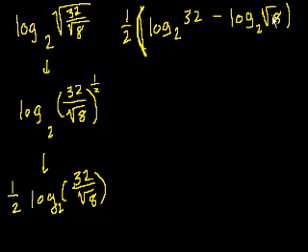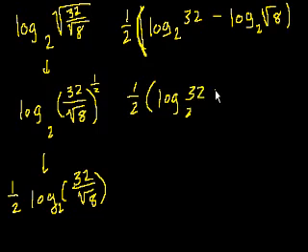And once again, we have a square root here, so we could say that this is equal to 1/2 times log base 2 of 32 minus, this is 8 to the 1/2, which is the same thing as 1/2 log base 2 of 8. We learned that property at the beginning of this presentation.